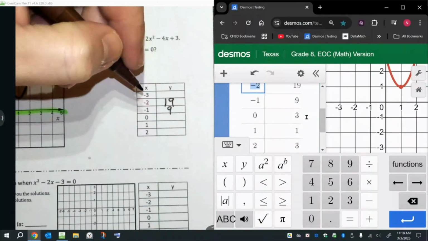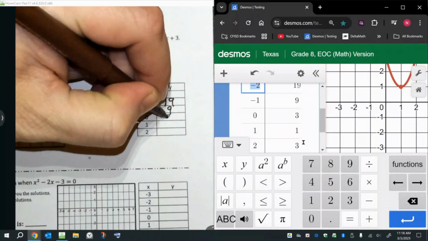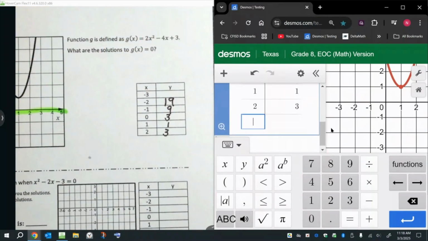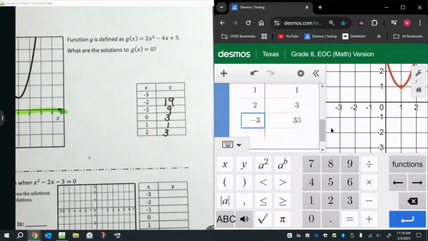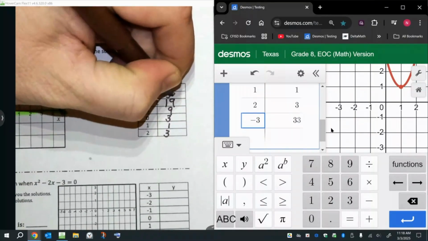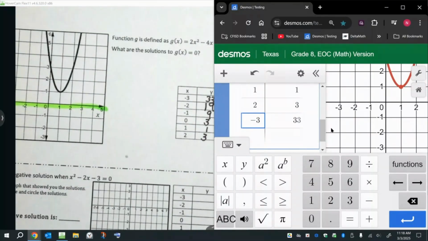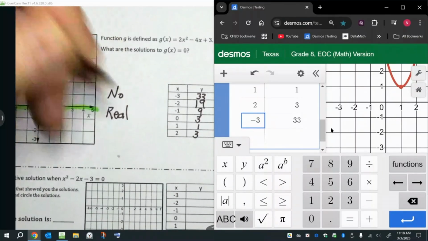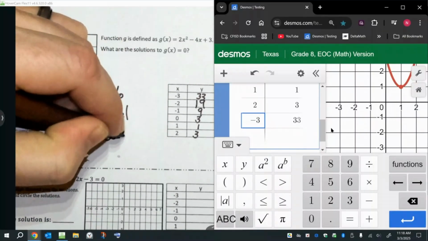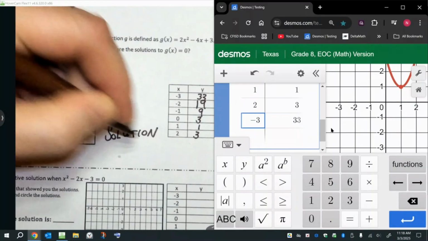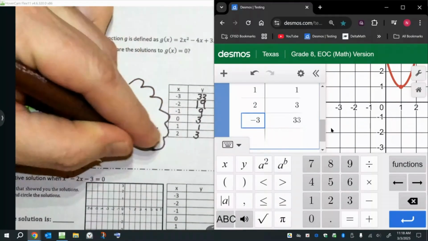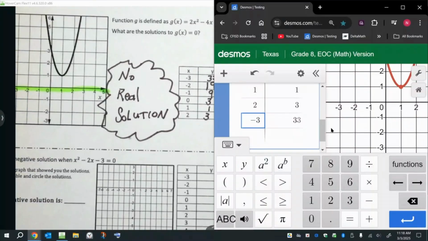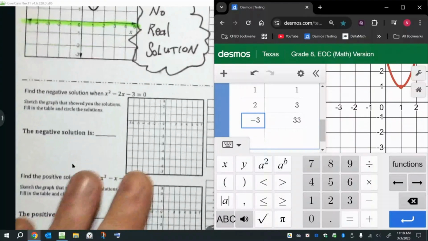That's not 0. 3, 1, 3. None of those are zeros. Let's type in -3 right here. That's 33. Well, what if it doesn't cross? It's okay. Not every quadratic has to cross the x-axis. And if you get a quadratic that doesn't cross the x-axis, then the solution to the quadratic is no real solution, because it doesn't cross.